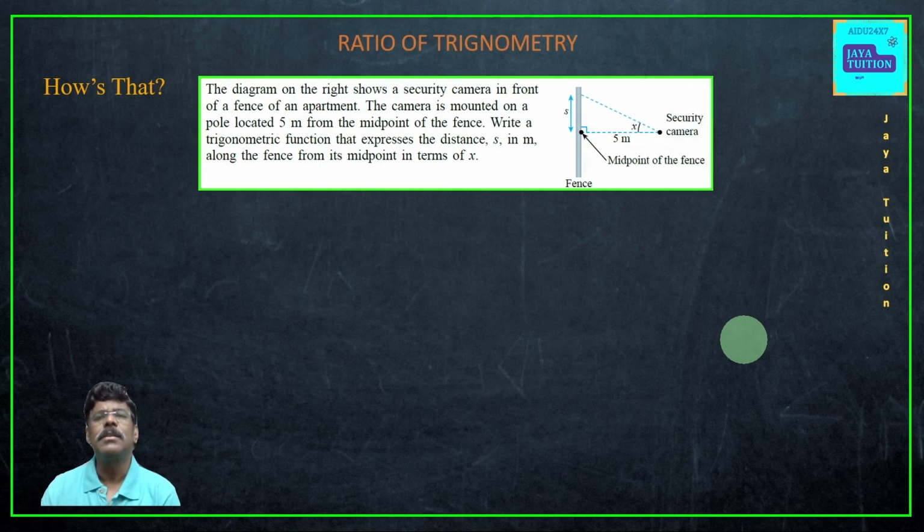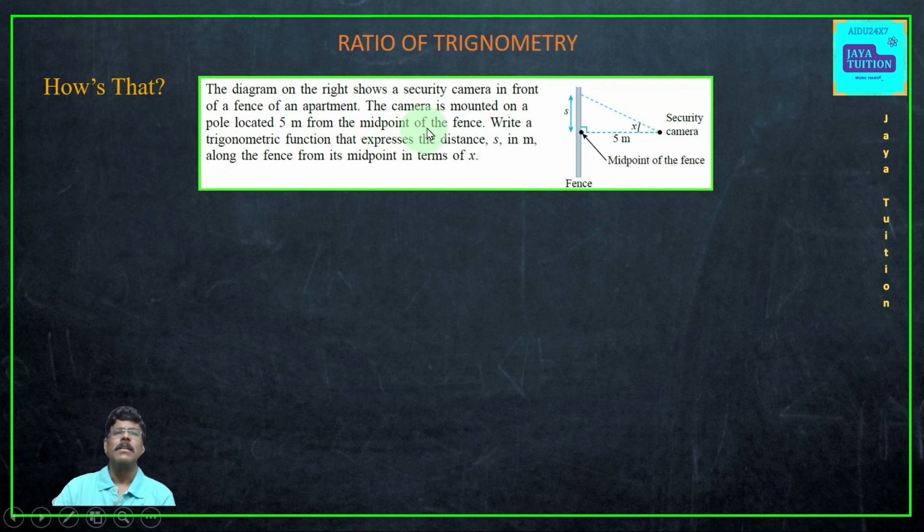The next simple example given over here: the diagram on the right shows the security camera in front of the fence of an apartment. The camera is mounted on a pole 5 meters from the midpoint of the fence. Write the trigonometric function that expresses the distance s in meters along the fence from the midpoint in terms of x.